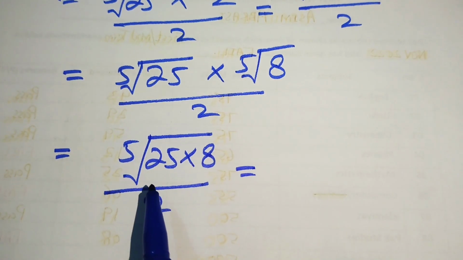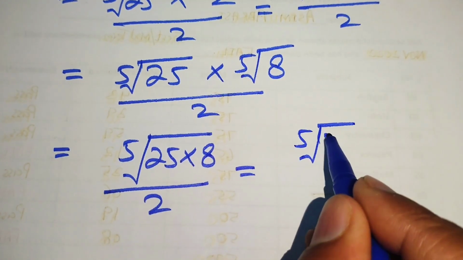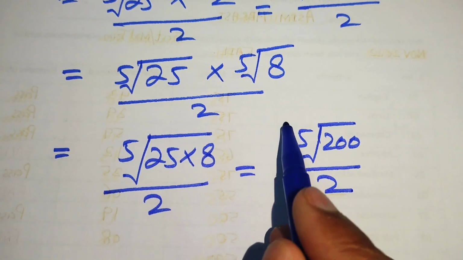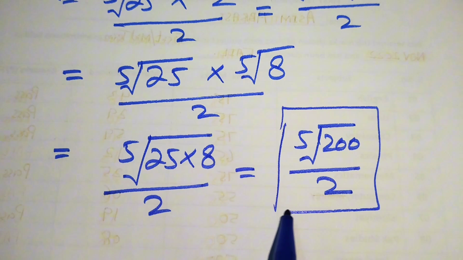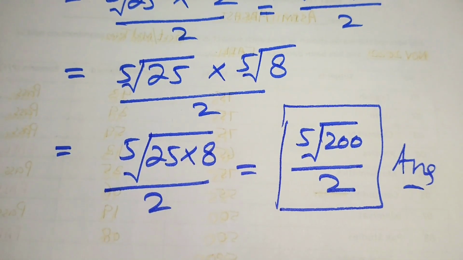When you multiply 25 by 8, you get the fifth root of 200, divided by 2. So this is our required simplified form of the given algebraic expression, and this is the final answer.